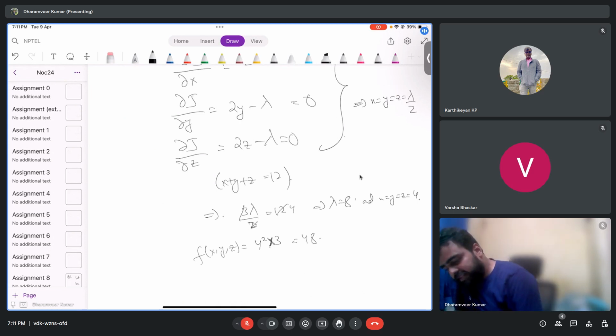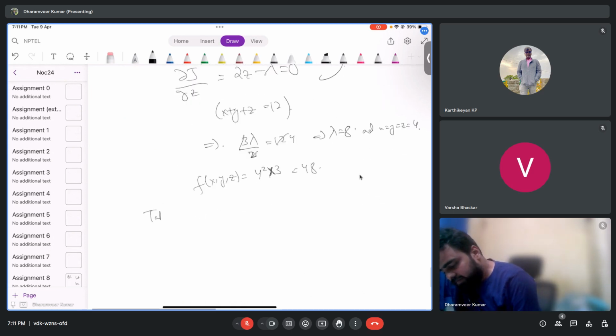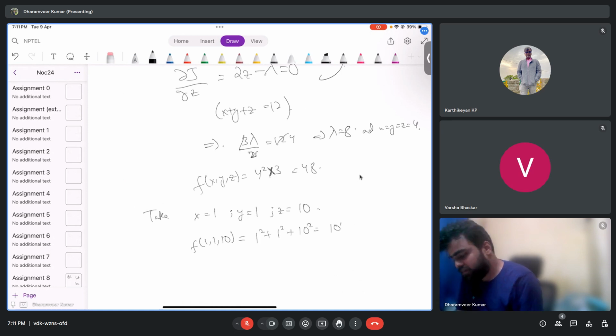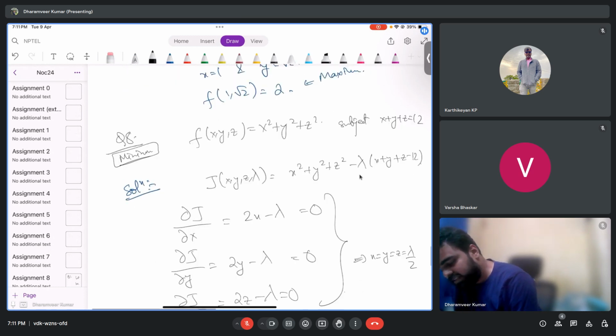For instance, take x is equal to 1, y is equal to 1, and z is equal to 10. So then it is a minima, not a maxima.